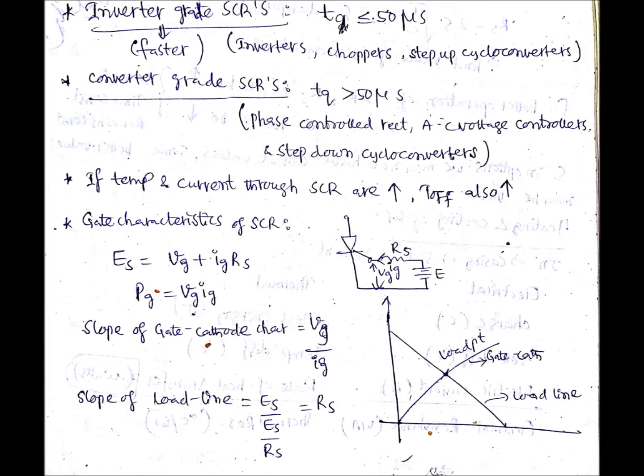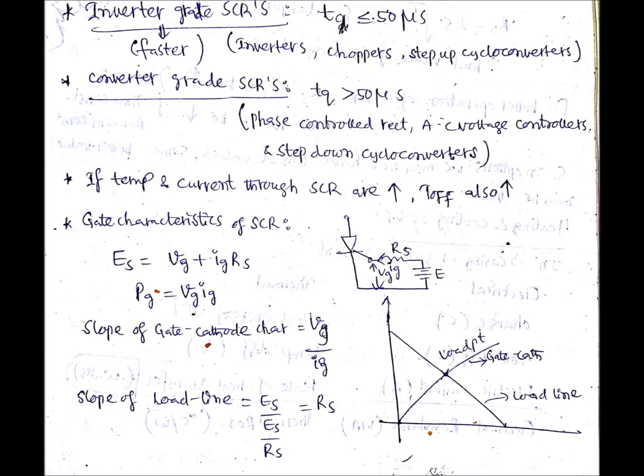That's why if the device turn off time is less than or equal to 50 microseconds, those SCRs are known as inverter graded SCRs. Inverters, choppers, step up cycloconverters come into this type. Then the second type is converter graded SCRs. It is the opposite one, that means it is the slower one, and so the TQ will be greater than 50 microseconds.